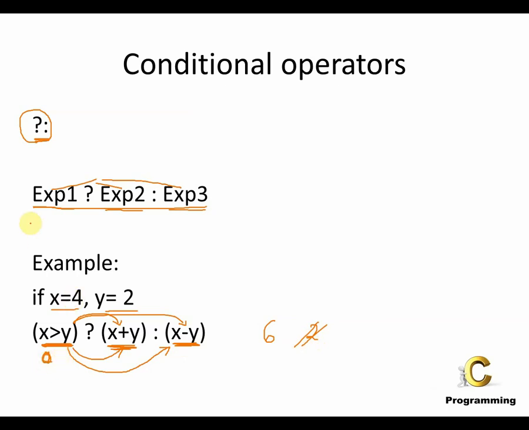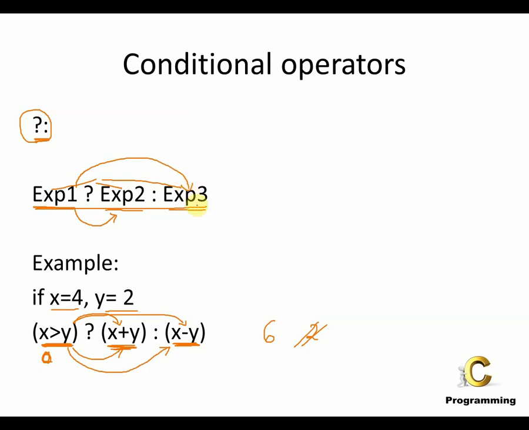So summarizing, the expression to be evaluated first is expression 1. If expression 1 is true, then you have to evaluate the second expression. If expression 1 is false, then you have to evaluate the third expression.